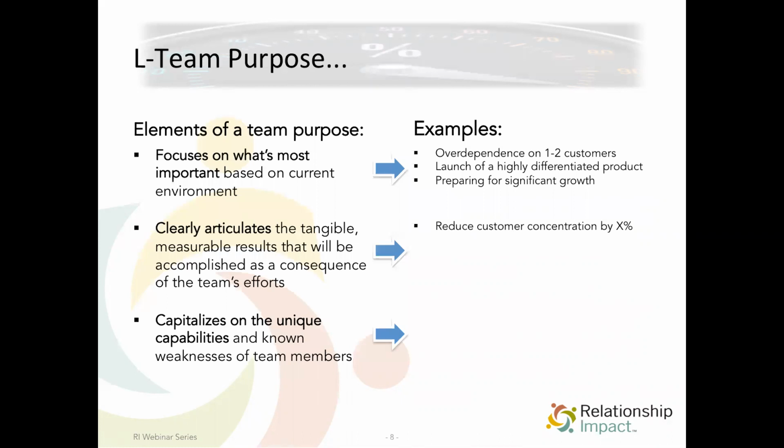So we're not just relying on the one customer, and we're using the lines of business that we have to cross-sell and sell into multiple markets to increase our customer base. For launching a highly differentiated product, this is a fairly simplistic view, but it's launch a new product on time and on budget and hit a 6-month sales target, right? That could be one particular metric around that.